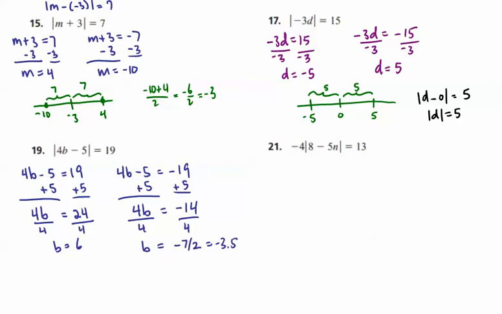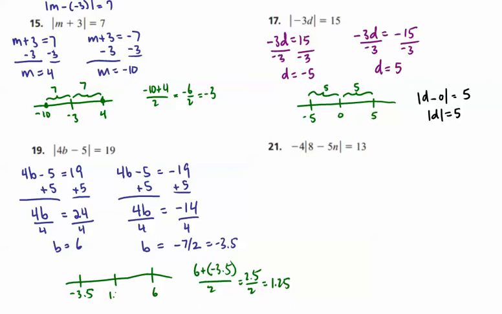So when we go to graph this one, we have negative 3.5 on the left, positive 6 on the right. We add the two numbers, so we get 6 plus negative 3.5 divided by 2, and that is 2.5 over 2, or 1.25.